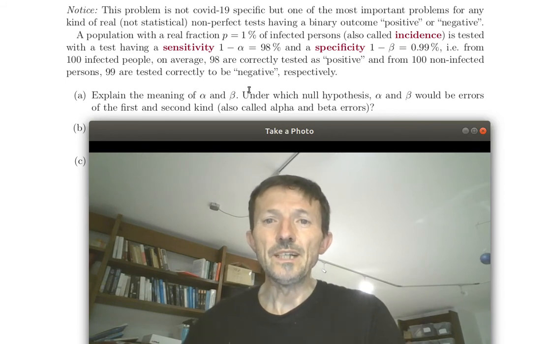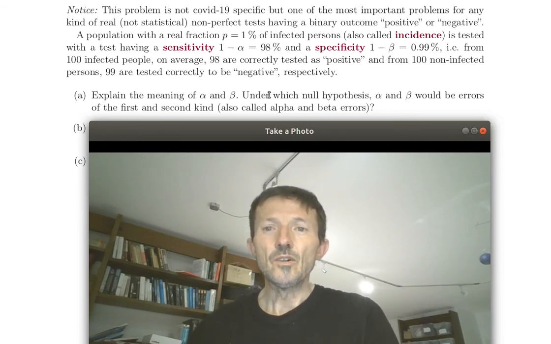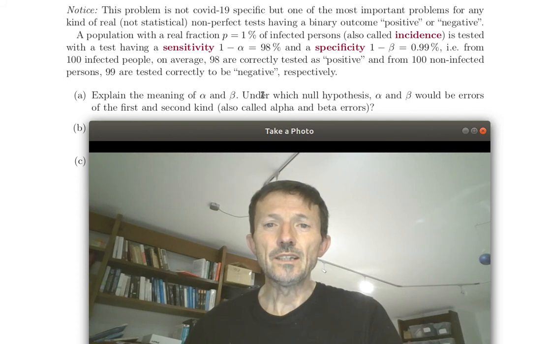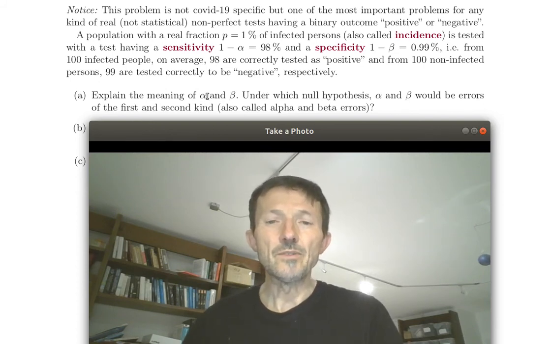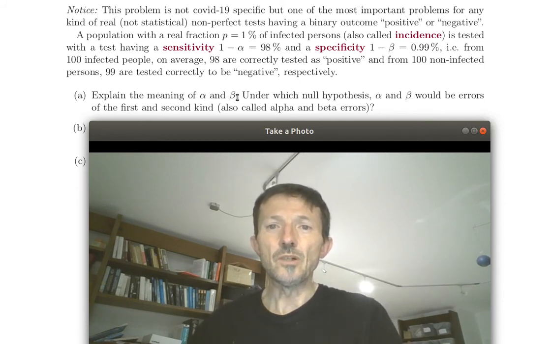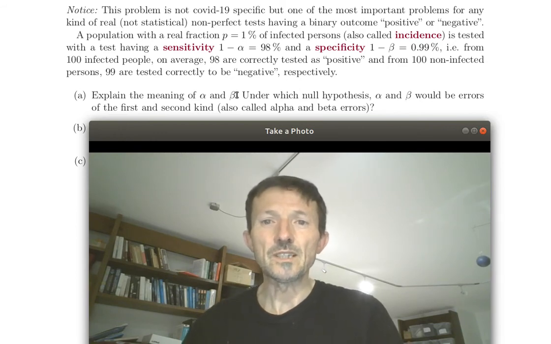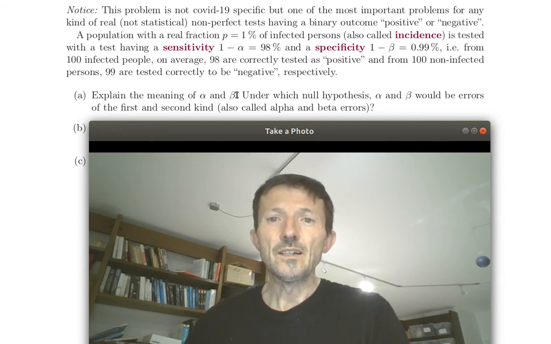First, explain the meaning of alpha and beta. Basically, we have already done so. Alpha is just the detection error. That means the error that an ill person is not detected as such. And beta is the false positive error. That means a healthy person is erroneously detected as having COVID-19.